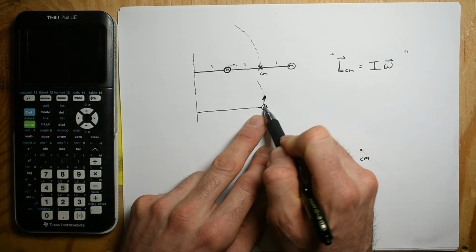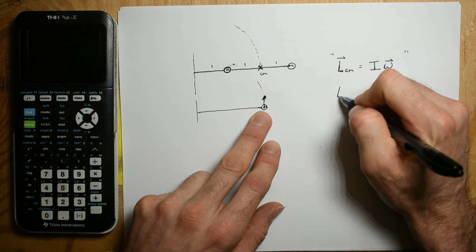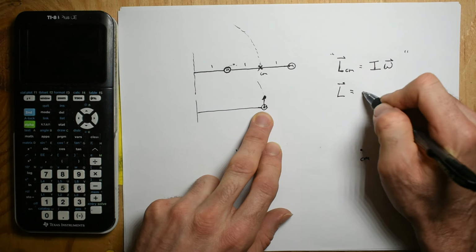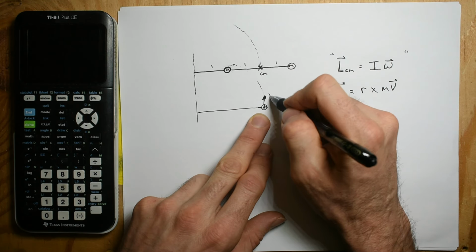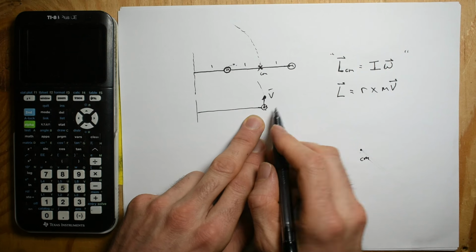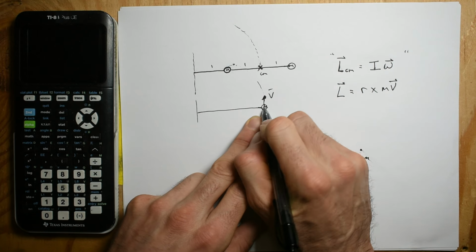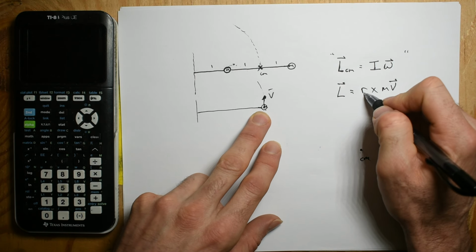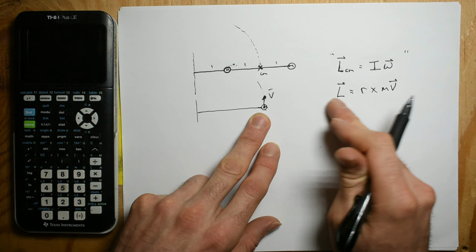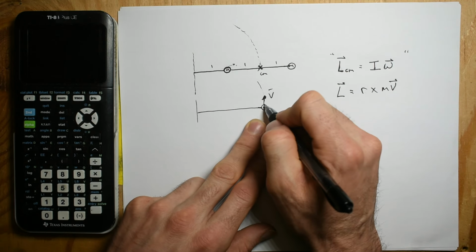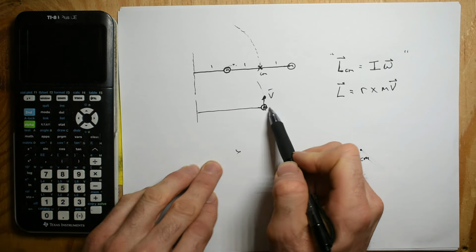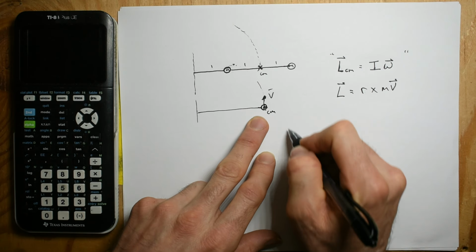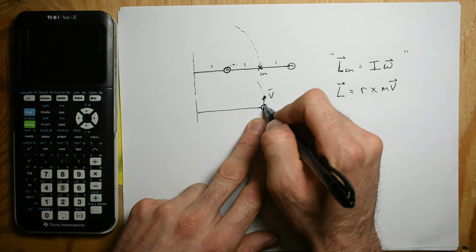The center of mass is right there. Angular momentum is r crossed mass times velocity. The velocity does have a vector, but the distance from the center of mass to itself is 0. So you would have zero angular momentum of a single mass at the center of mass.